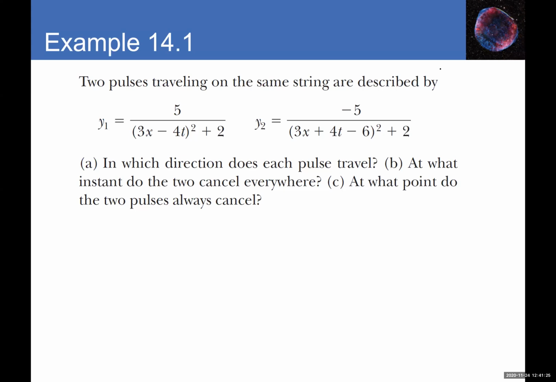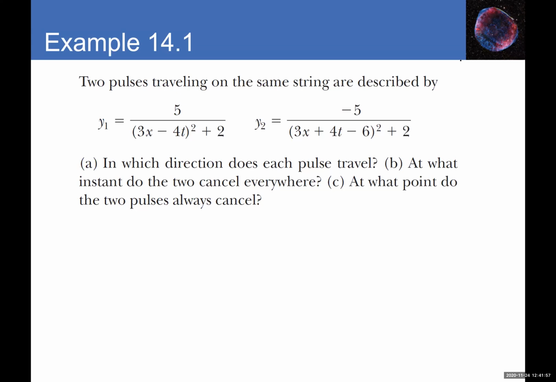All right, so the question is: in which direction does each pulse travel? Then, at what instant do the two cancel everywhere? And at what point do the two pulses always cancel? So for B, we are looking at the instant of time, and for C, we're looking at the position.